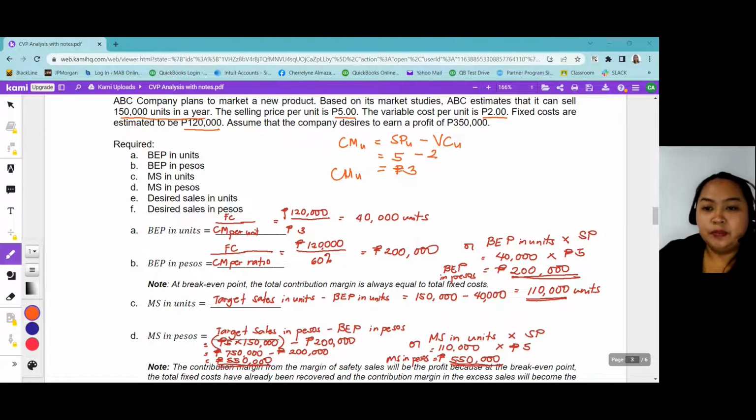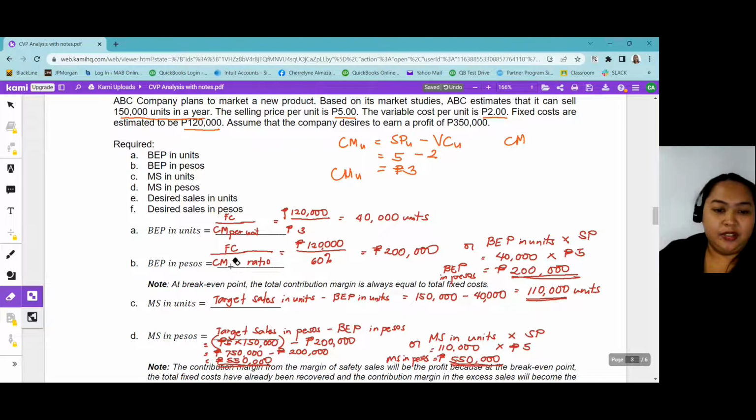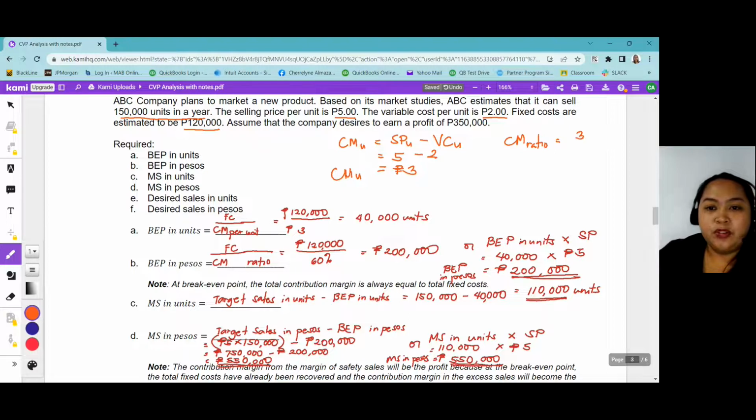Your CM ratio is equals to your CM, which is 3 pesos, over your selling price of 5 pesos. Therefore, this is equivalent to 60%. Tama ba? Okay, so tama naman. So 120,000 na fixed cost divided by your CM ratio is equals to 200,000. So this is your break-even point in pesos.